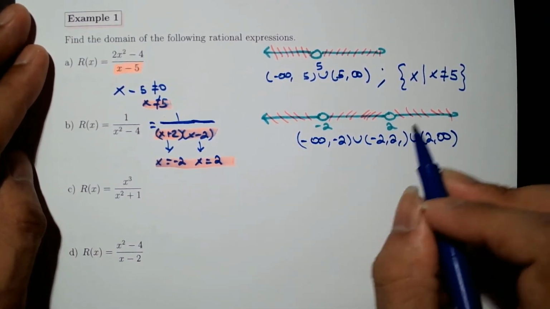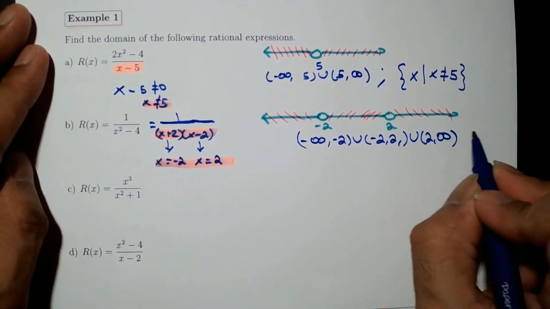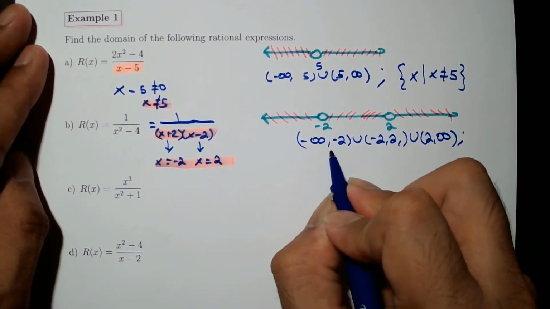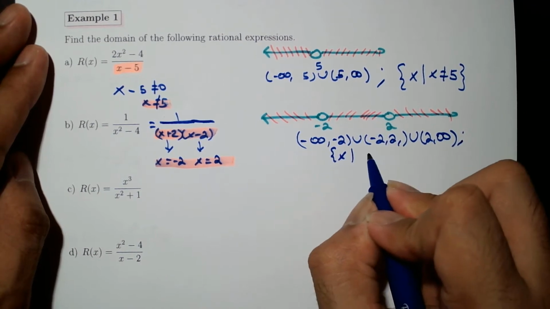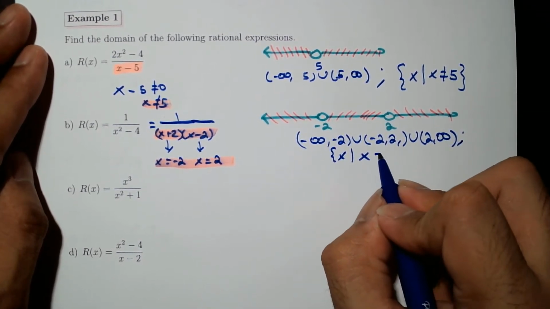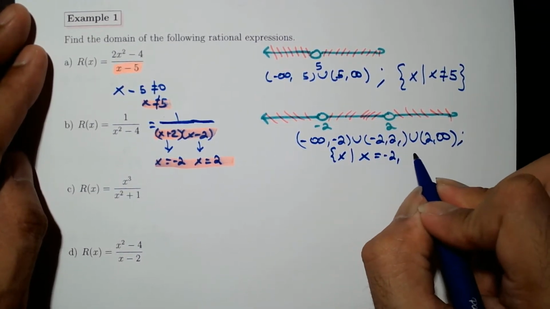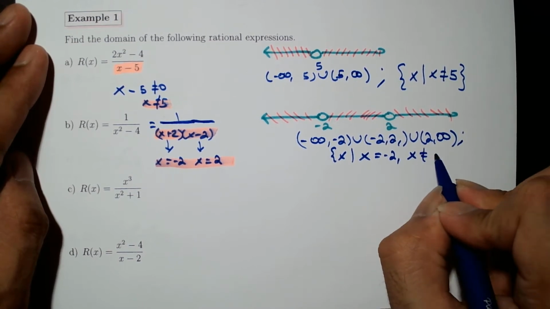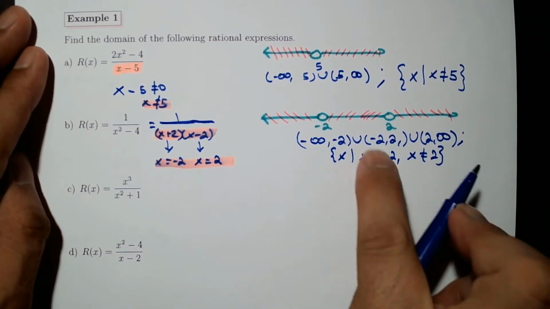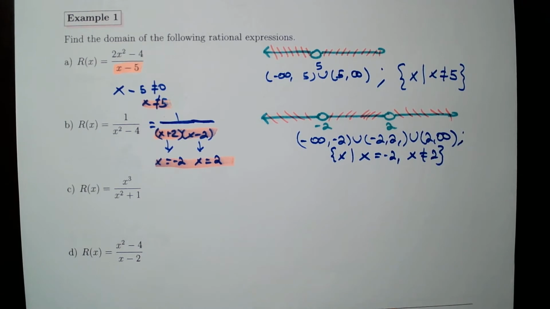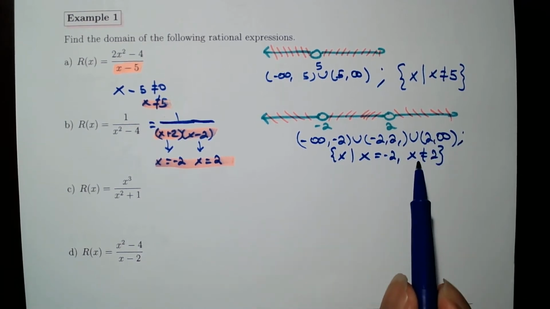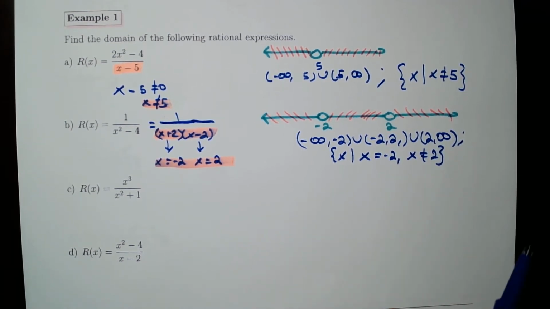In set builder notation we would express it as x such that x cannot be negative 2, x cannot be positive 2. So those are the two ways to express the domain: interval notation and set notation.